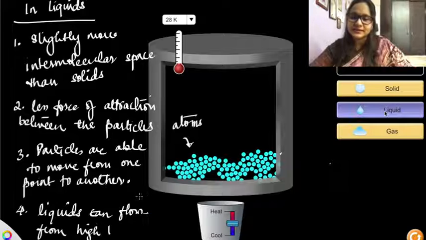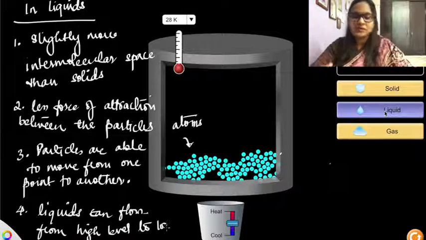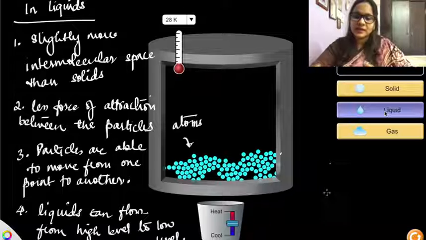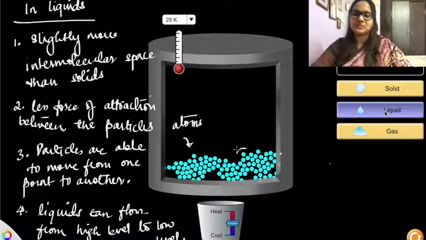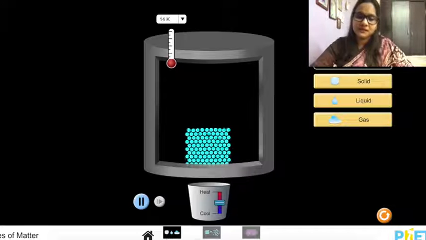Which is why a liquid does not have a definite shape, because the particles are always in a state of continuous motion, which is the first postulate. Because they are in continuous motion and there is slight space between them, the particles are going to try and move from one point to another. That is why a liquid does not have a definite shape, but it has definite mass and definite volume.